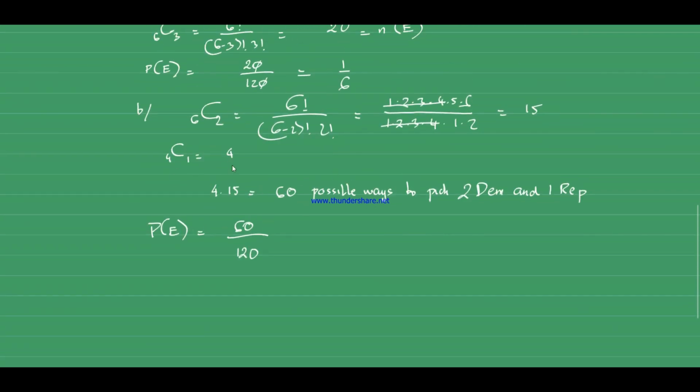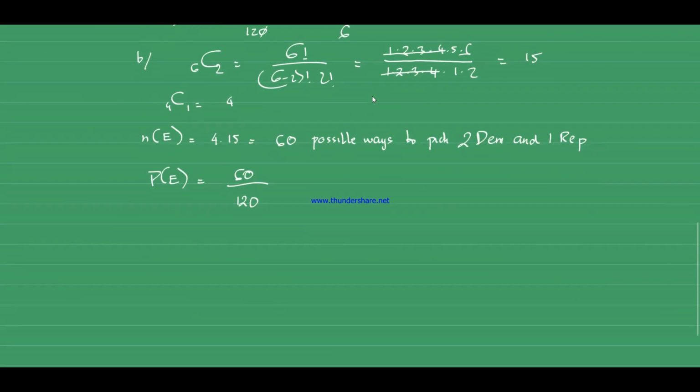This is the cardinality of the event set right here, but we need to divide by the sample space, which is 120. So you're going to end up with 1 over 2. Okay. Good.